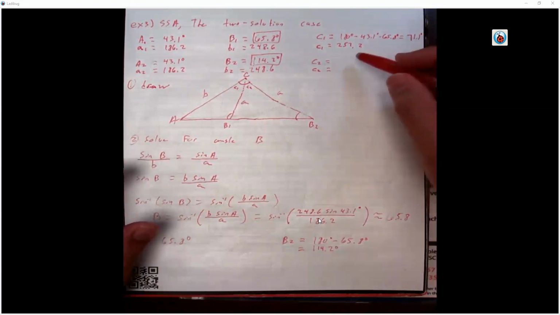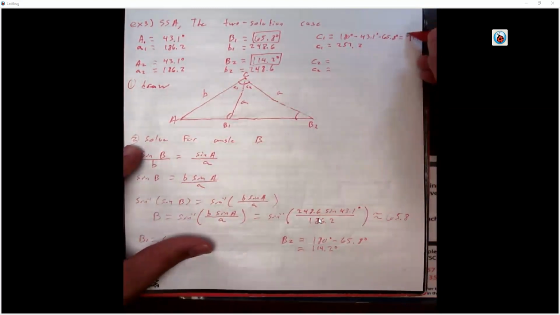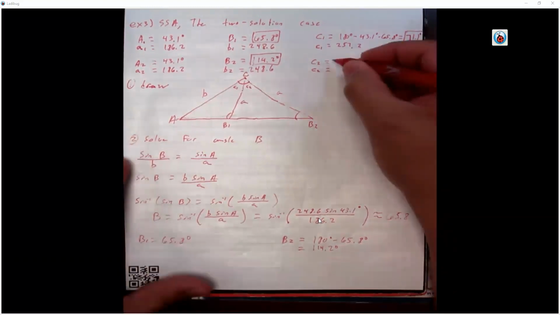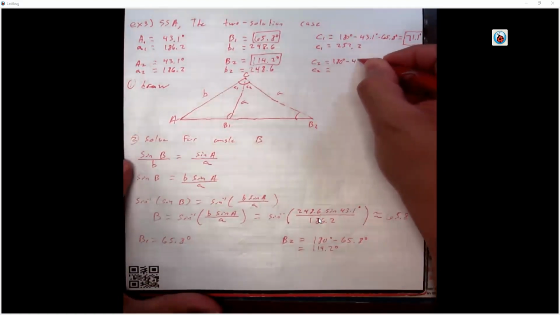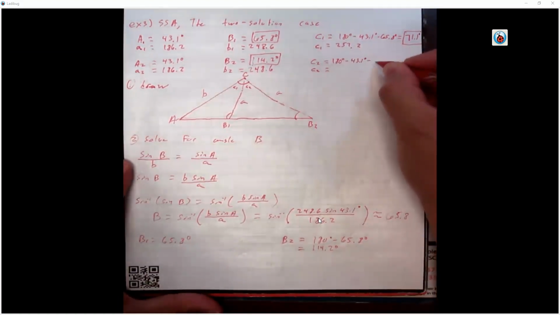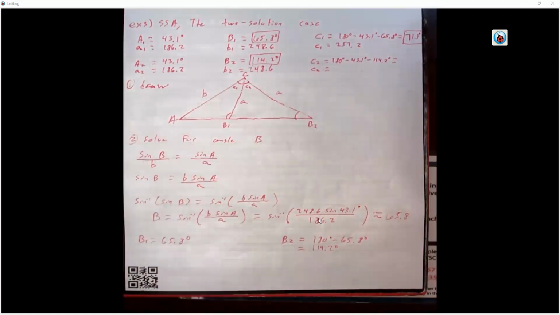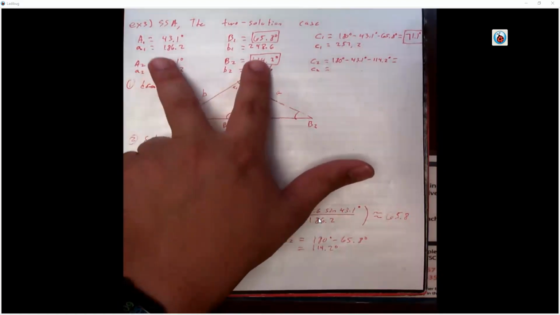I'll do the same thing for C2. So I got another answer. Cool. So 180 minus 43.1 minus 114.2. I'm just subtracting the ones we have, right?